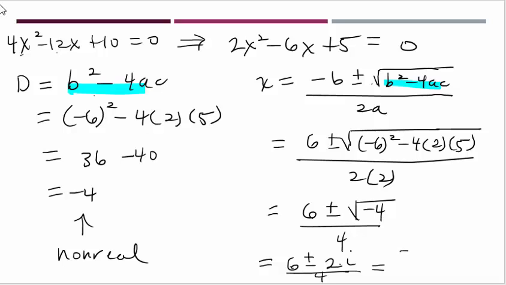So 6 over 4 is 3 halves, plus or minus 2 over 4 is 1 half, and then i. Notice that non-real complex zeros come in conjugate pairs. That's the a plus bi, a minus bi, and that is true in this scenario.